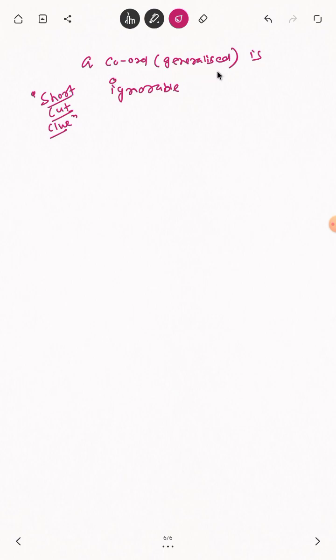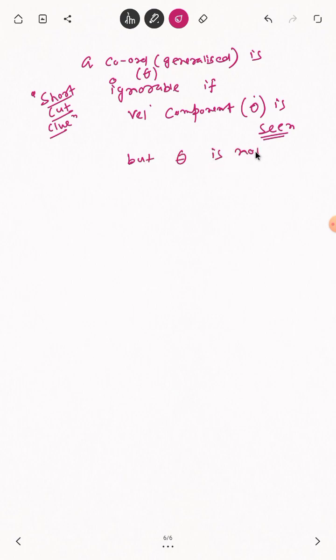A coordinate is ignorable if the velocity component is seen. Say this coordinate is theta. The velocity component, theta dot, is clearly seen, but theta is not seen.